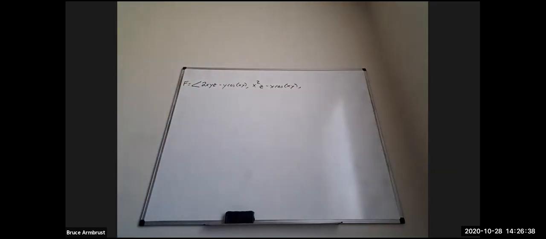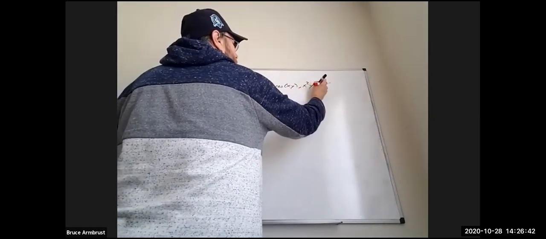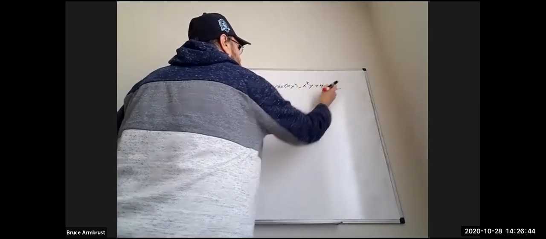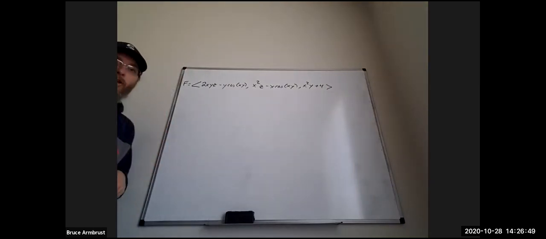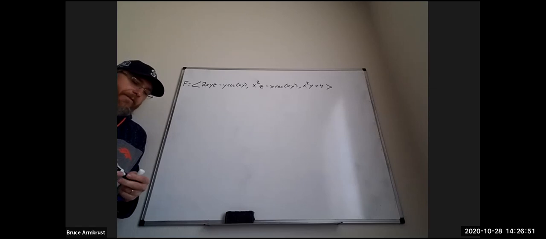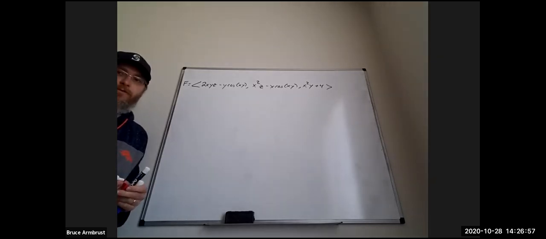And then for the third component, let's have x squared y plus 4. So here is a 3-dimensional vector field. Let's see if we can find its potential function.